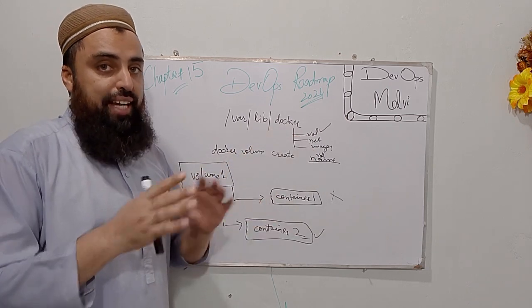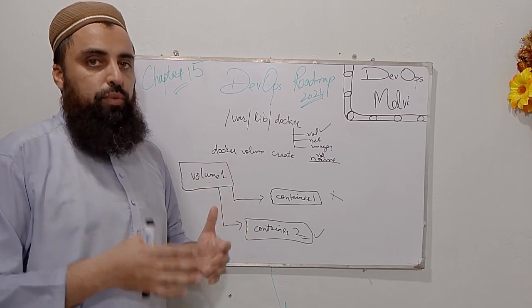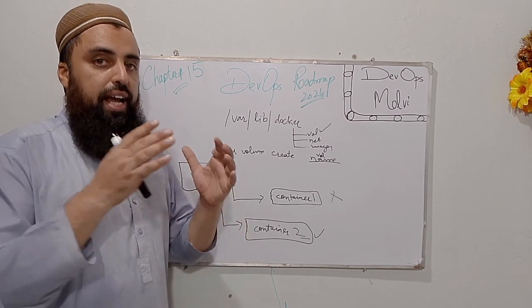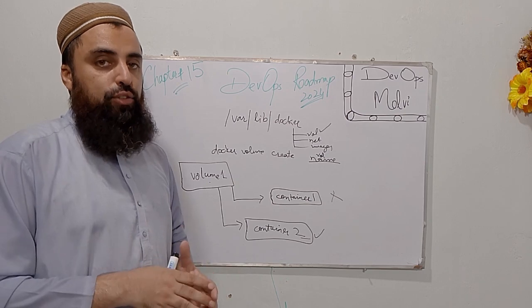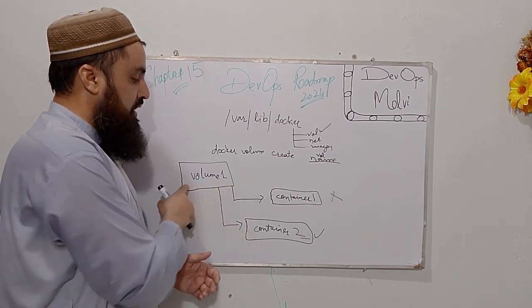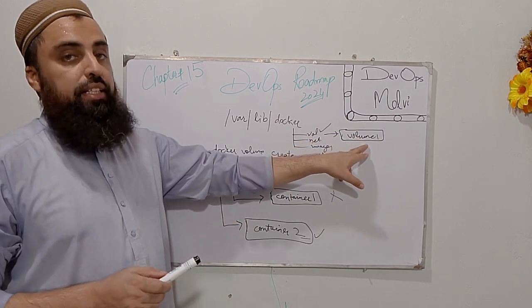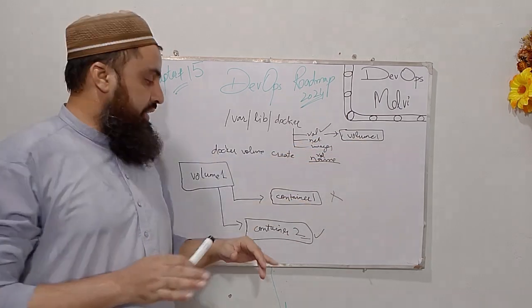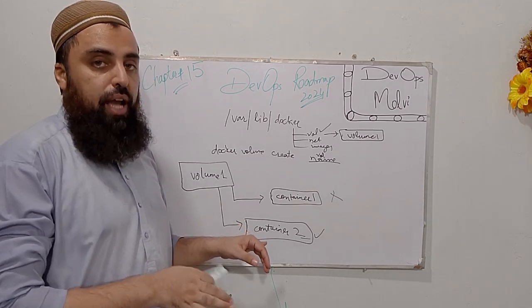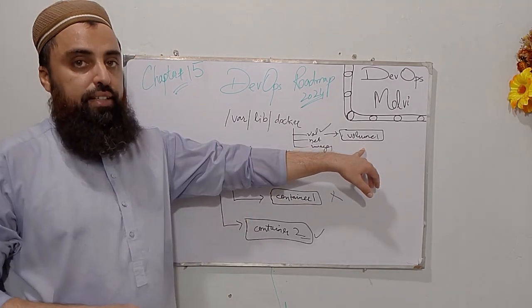It means that the data is synced. When we mount any volume with the container, if there are any changes happening inside that container, those changes are updated automatically. So when we create a volume, a new folder would be created here. And if any changes are happening inside the container, all those changes are replicated here as well.